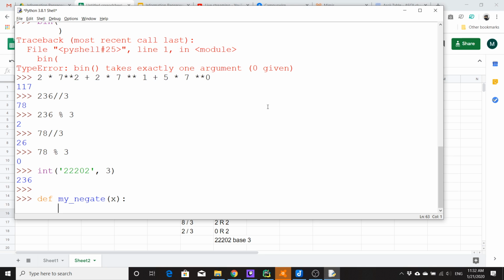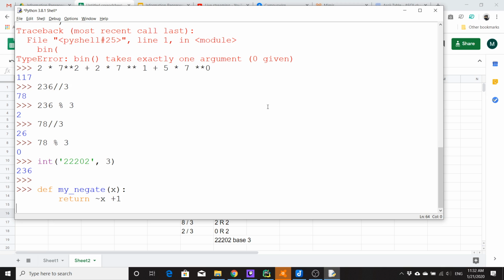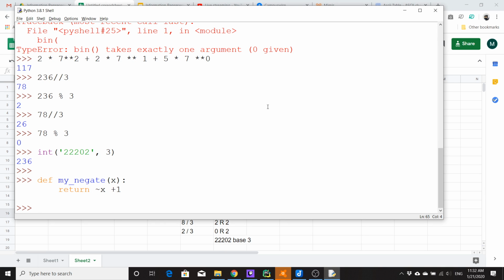Assuming we're working with 2's complement numbers, flip the bits. So how do you flip the bits? The tilde. So tilde x. So you flip the bits and then you add 1. That's the function. Right, so pretty simple. Again, if you're working with 2's complement numbers. It won't work in Python, but it'll work in C and C++.